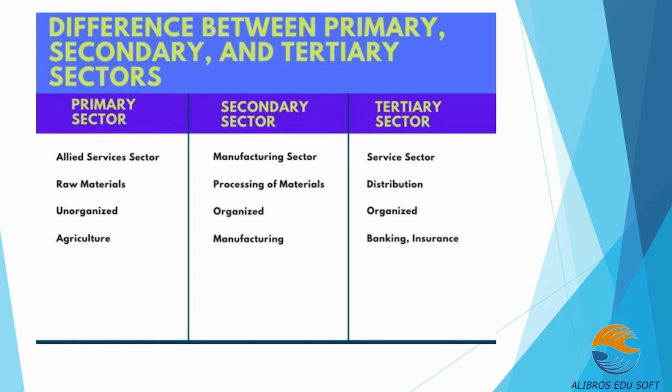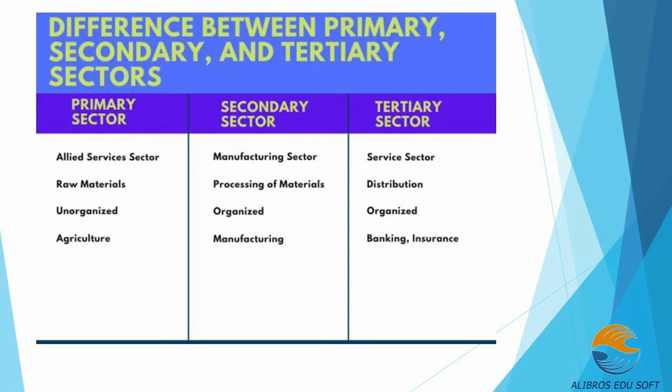Next is the tertiary sector. From primary to secondary and then to tertiary, it is also called the service sector, which means the finished products or the processed goods from the secondary sector are distributed to the final consumers or other retailers who are in need of those goods. So this sector is called the service sector. It mainly deals with distribution of goods and services.